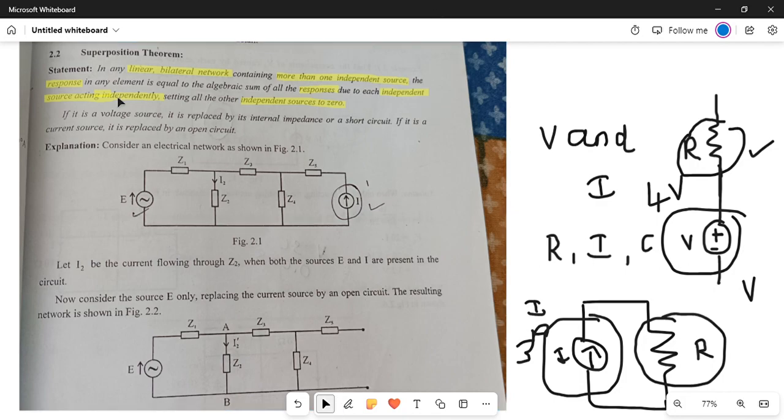The response in any element, that is the voltage or current across any element, where the element might be a resistance, inductance or capacitance.